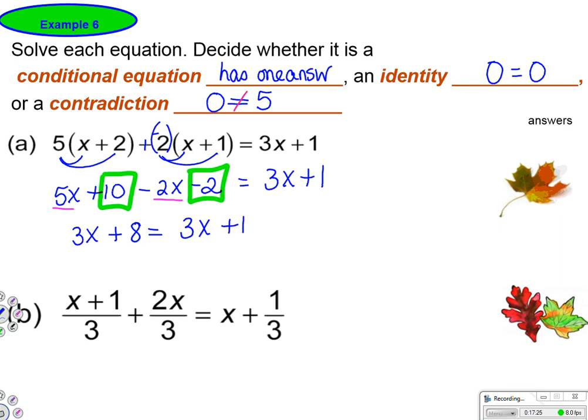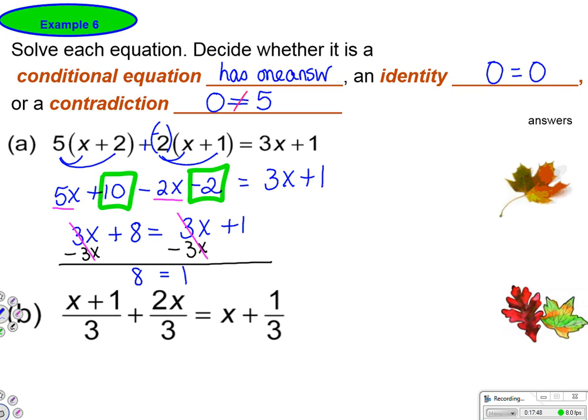So I'll just rewrite. Let's subtract 3x. And we know that that's going to go to 0, and we'll have 8 equals, oh, another 0 there. 8 equals 1.